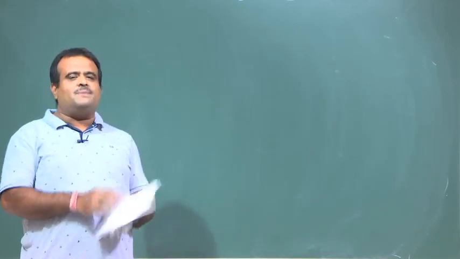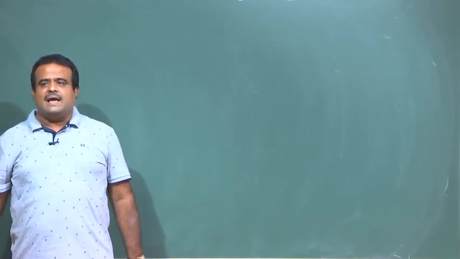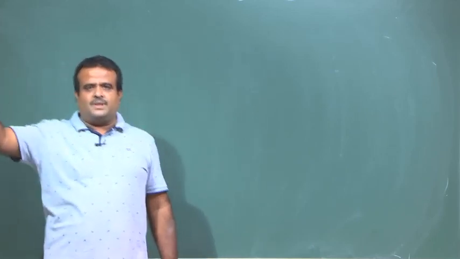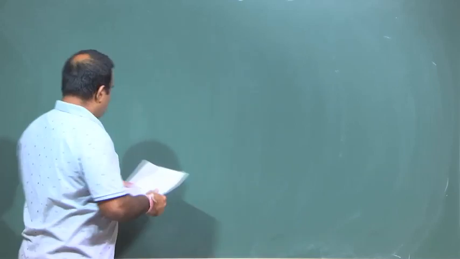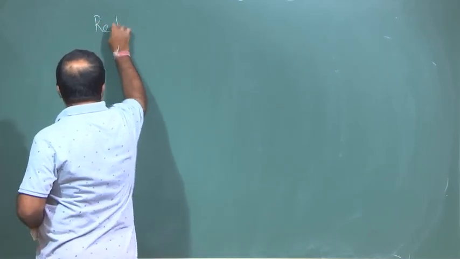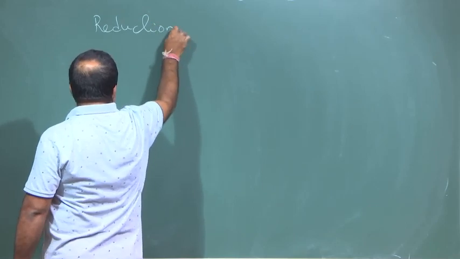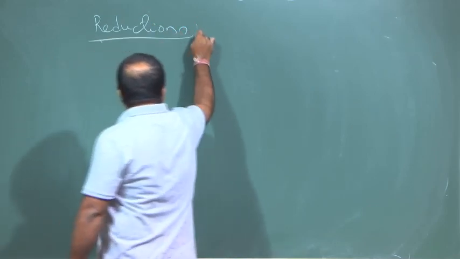Mostly we reduce many problems to graph problems, and then we know the solution of this graph problem. That solution will give us the solution for this problem. So, this is basically reduction. This is a design technique.